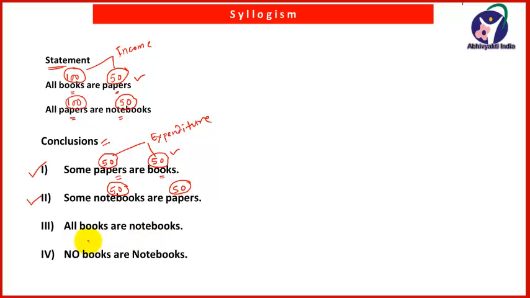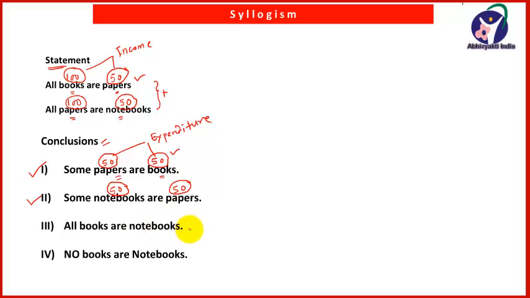All books are notebooks. Books and notebooks we get in the first and the second statement. Books are here and notebooks are here. Therefore, we will have to combine these two. Both are positive statements, so the conclusion will also be positive.